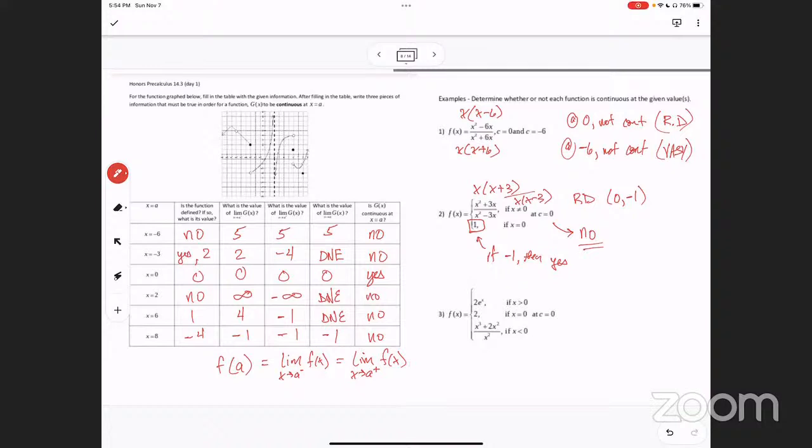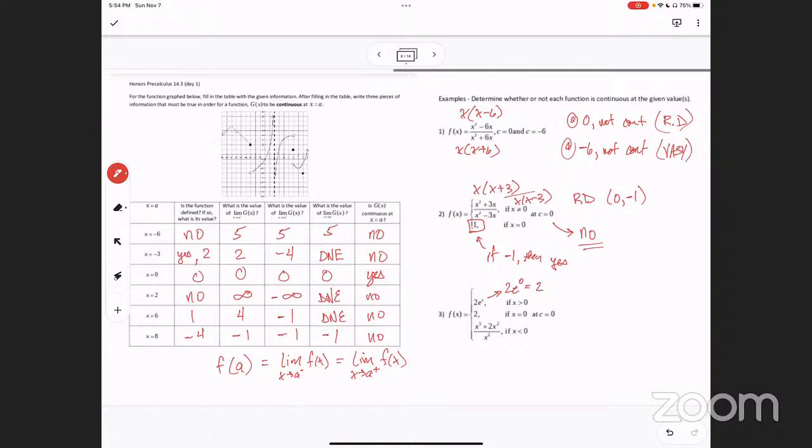So for this last one, it's going from the right. Let's find out what would happen if I plug in 0 for this one. What's e to the 0? That would just be 1. Correct. So 2 times 1 is 2, right?